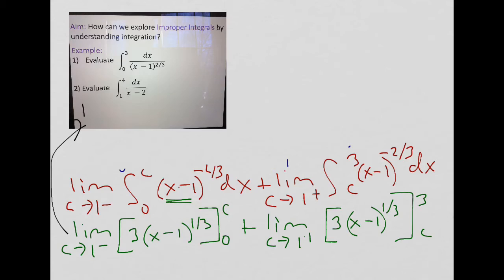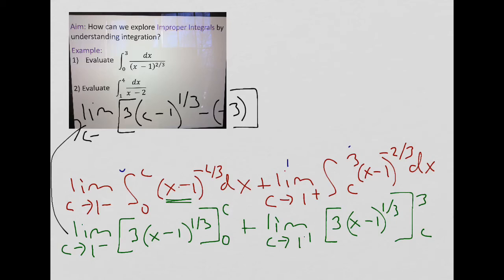If I plug in c, I get this. If I plug in 0, I'm going to get negative 1 to the 1/3 power, which is negative 1. So I'd be subtracting a negative 3, which is the same as adding 3. This is still c approaches 1 from the left.